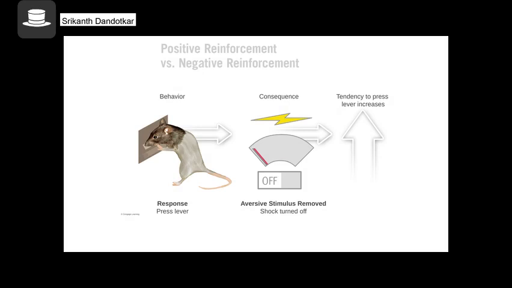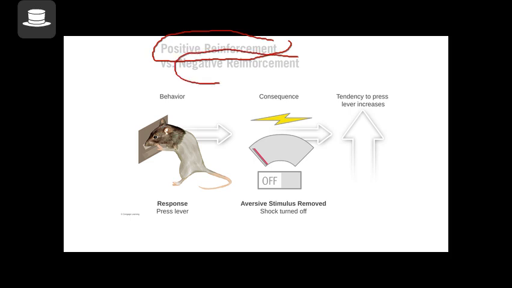So just to reiterate, there are two ways to reinforce a behavior. In other words, there are two ways to strengthen a behavior. One way, as we discussed in the previous slide, is through positive reinforcement. Another way is through negative reinforcement. In positive reinforcement, the behavior of pressing the lever is followed by a desirable consequence.